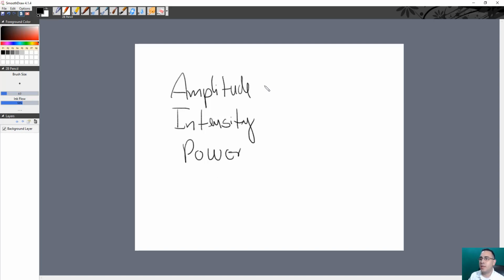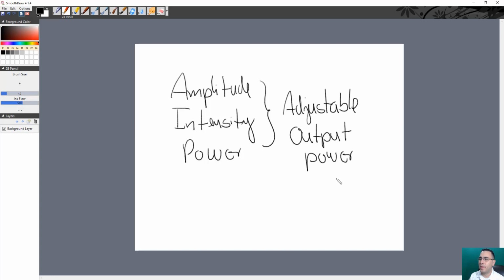All these 3 parameters are adjustable, all right? And they tell you how powerful your acoustic wave is. They're adjustable using your output power setting. Of course, if this output power goes up, the amplitude is going to increase, the intensity is going to increase, and then the power is going to increase as well.